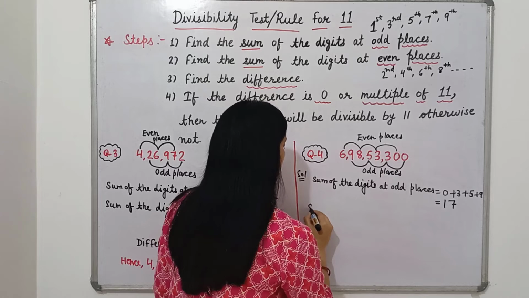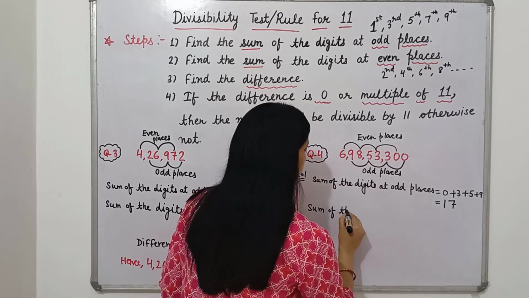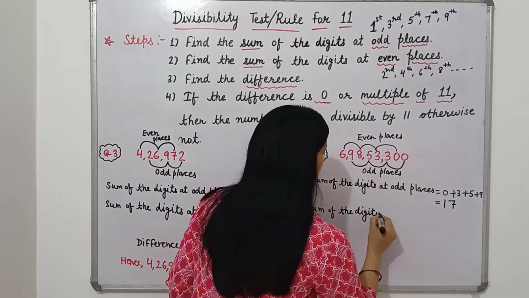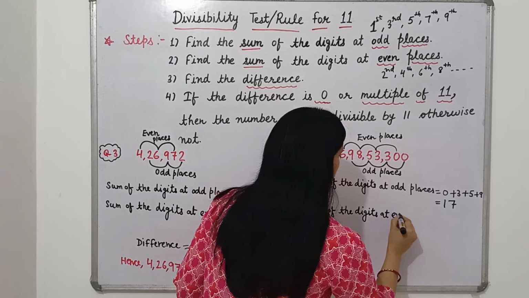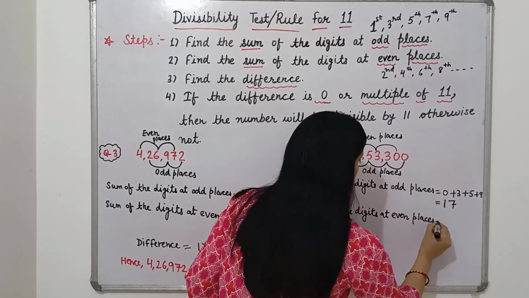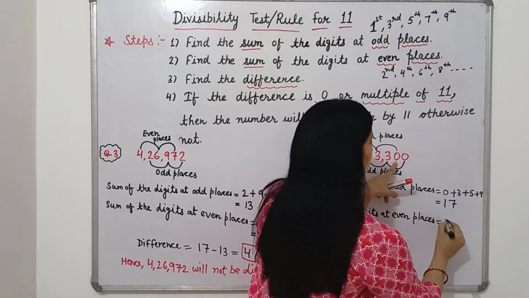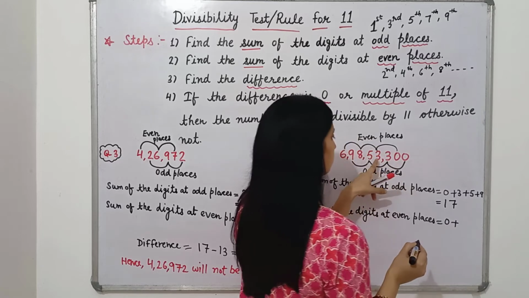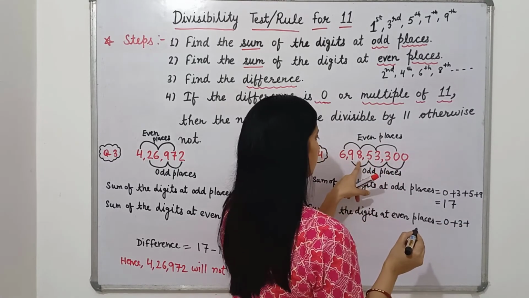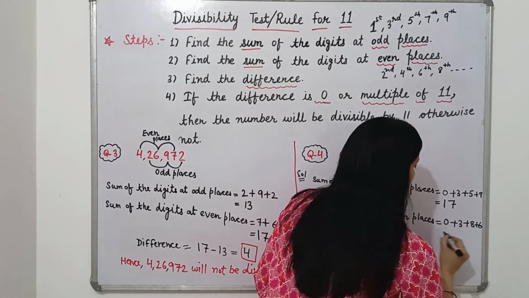Now we will find out the sum of the digits which are at even places. Let's write the digits. What are the digits? 0 plus 3 plus 8 plus 6.